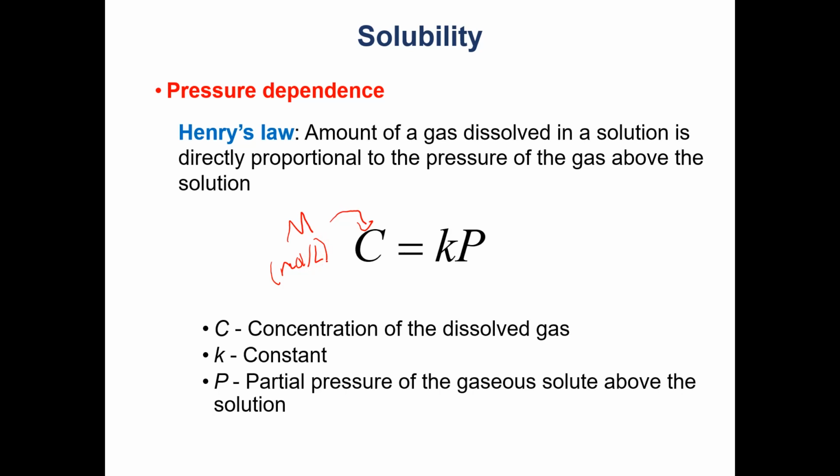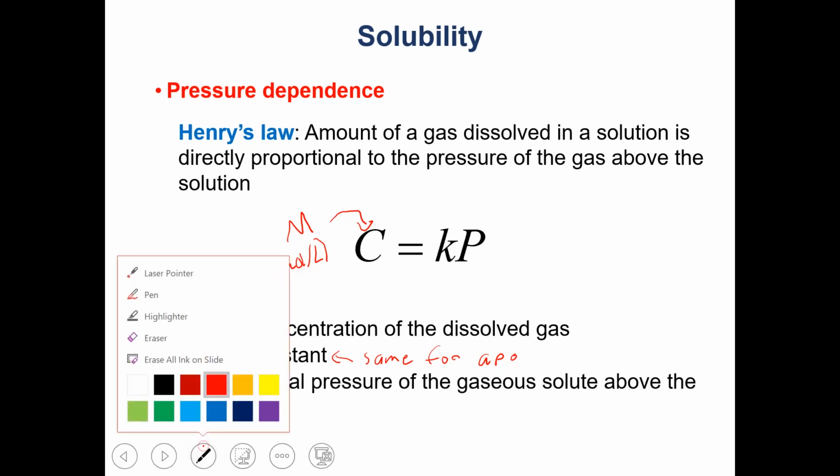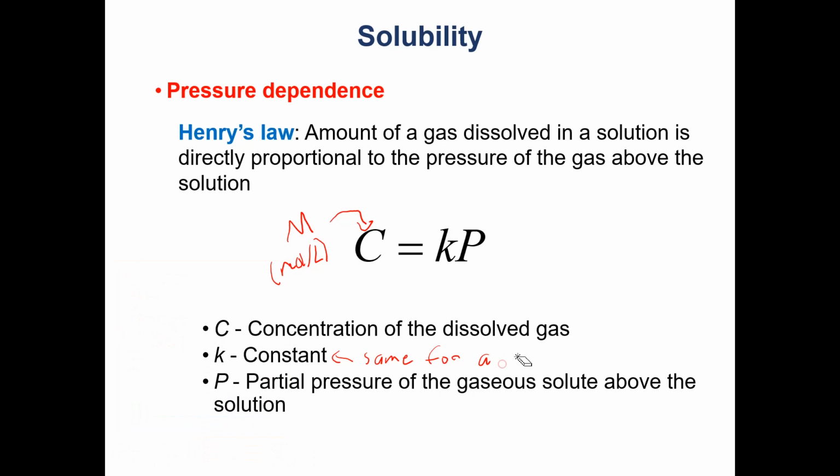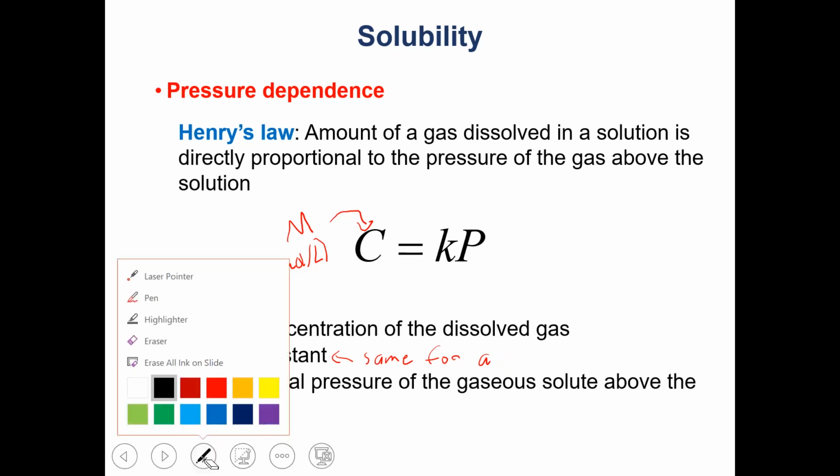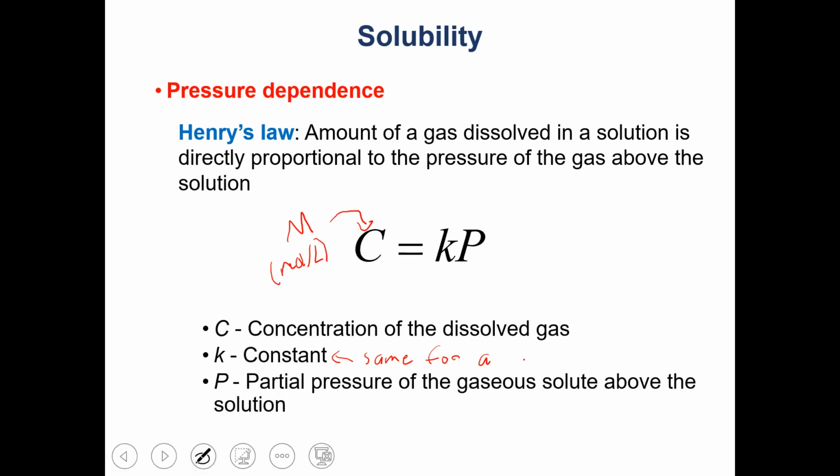K is the Henry's law constant, and that constant is going to be the same for a particular gas. So for example, there's a Henry's law constant for CO2, there's a Henry's law constant for O2, there's a Henry's law constant for N2, and so on.